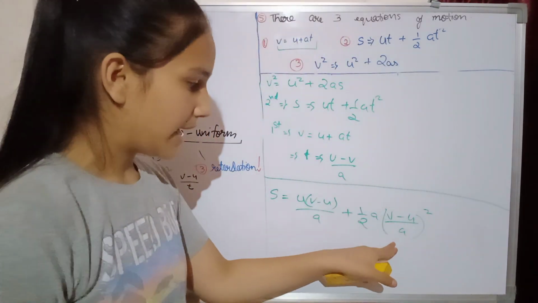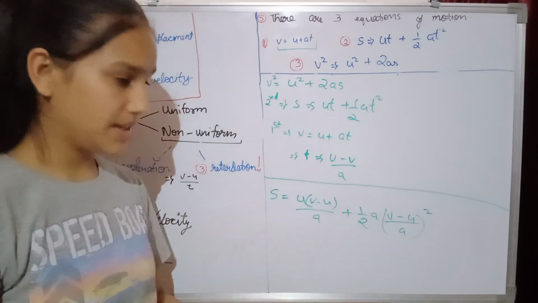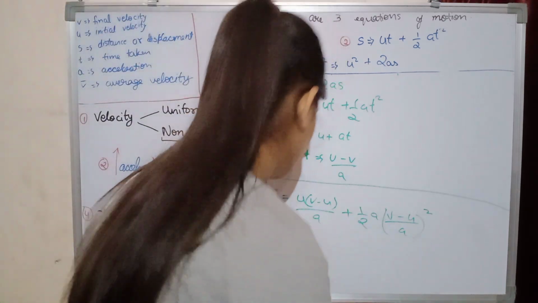Now by the identity of A minus B whole square, we can solve this.